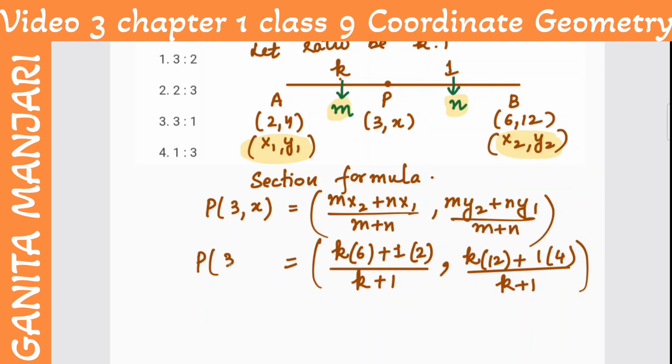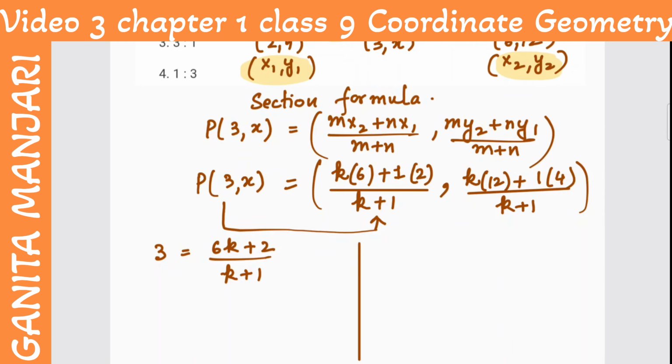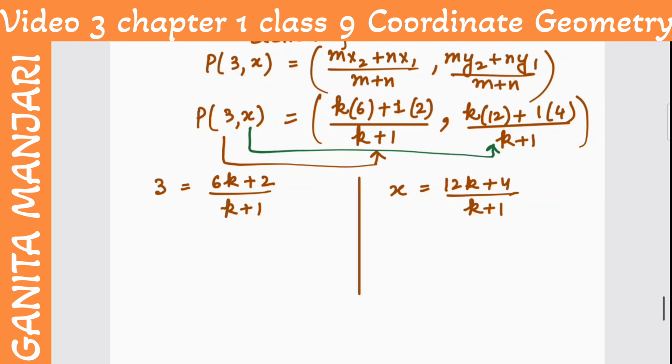Now P(3, x). Now equating the abscissa part first. So 3 is equal to (6k plus 2) upon (k plus 1), and the ordinate part is this one. So we have x is equal to (12k plus 4) upon (k plus 1). Now first we find out the value of k. So 3k plus 3 is equal to 6k plus 2.